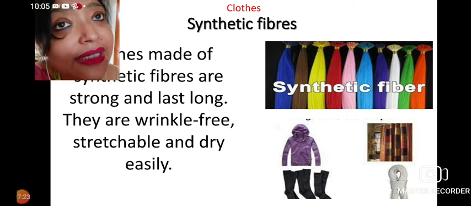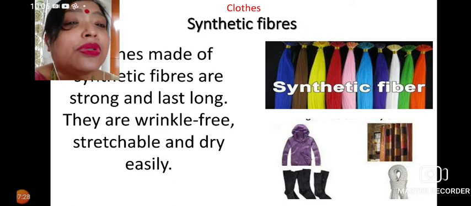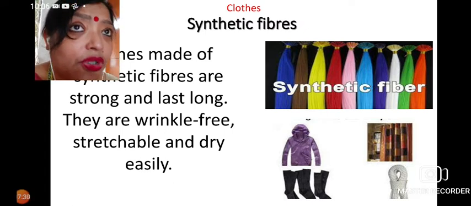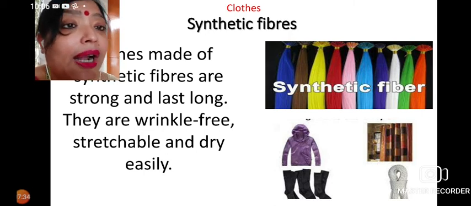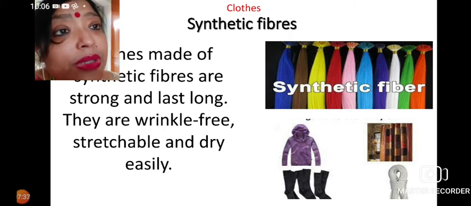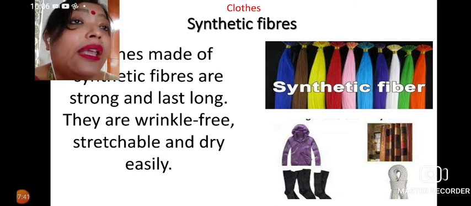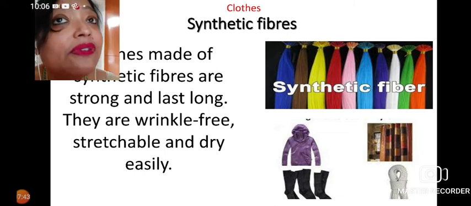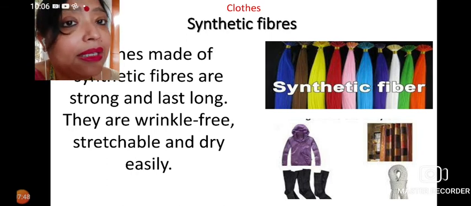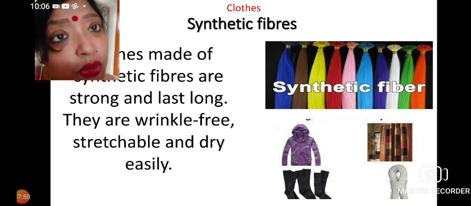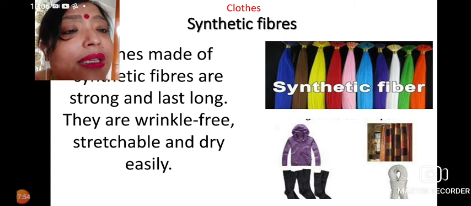But synthetic fibers are wrinkle free, so it's very easy to use, and they are very stretchable. During the monsoon especially, we are very comfortable using synthetic fiber because it dries very soon. Even if you are totally drenched, if you keep it under the fan for some time, it will get dried very soon. So synthetic fibers are also very much in use.